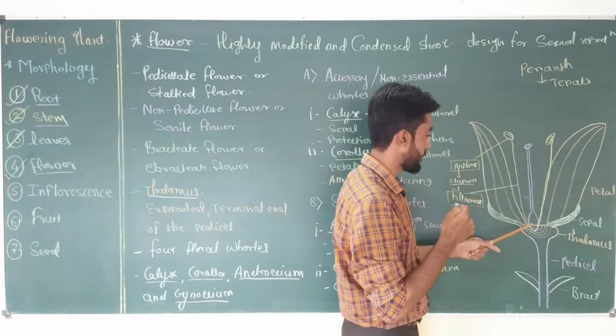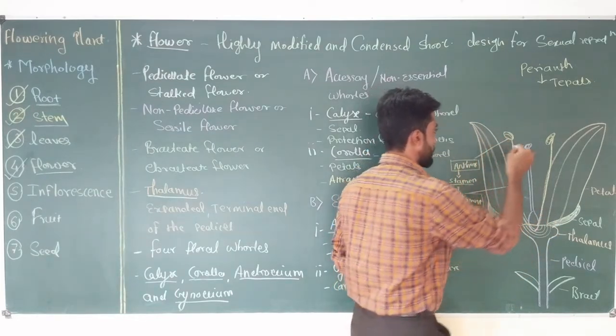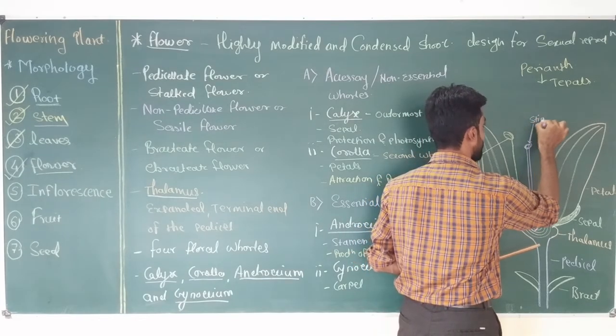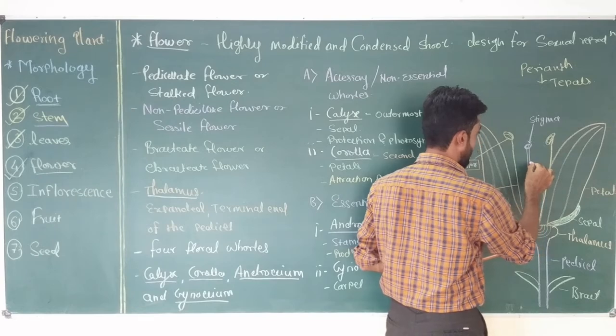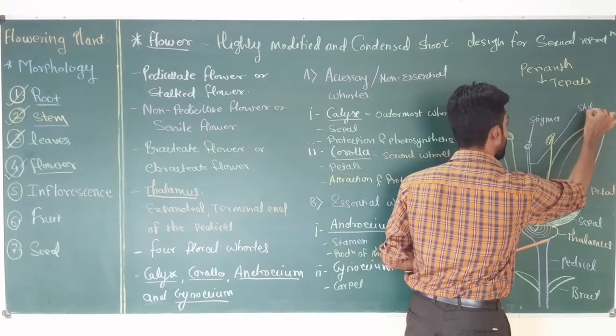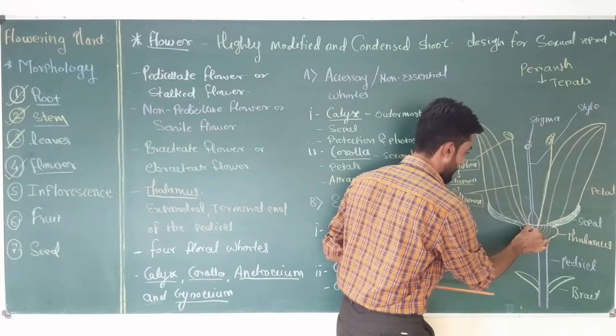Okay, so the ovary is the site where the female gamete is produced. So the first part of the carpel is the stigma, then the next part is the style, and the third part is the ovary.